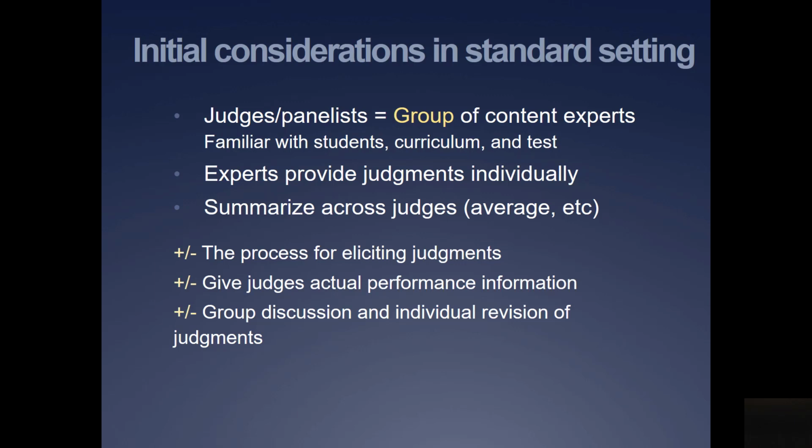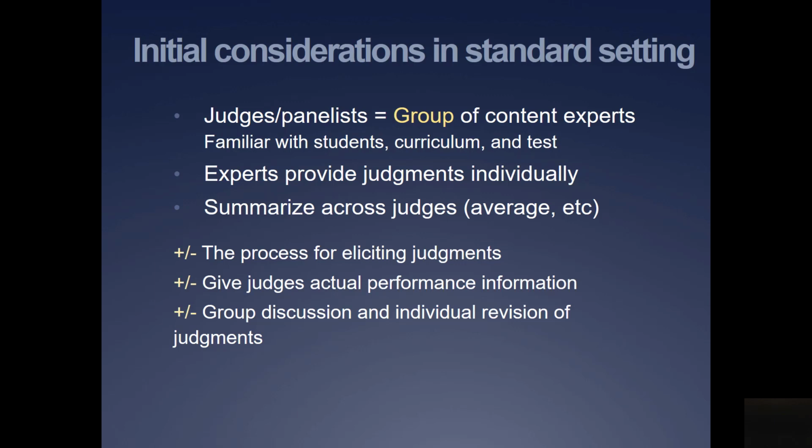Because these experts are providing judgments individually, we take their scores individually and summarize them across the other judges, typically with an average. This process is used for eliciting judgments, and sometimes, though not in every situation, it gives judges performance information.